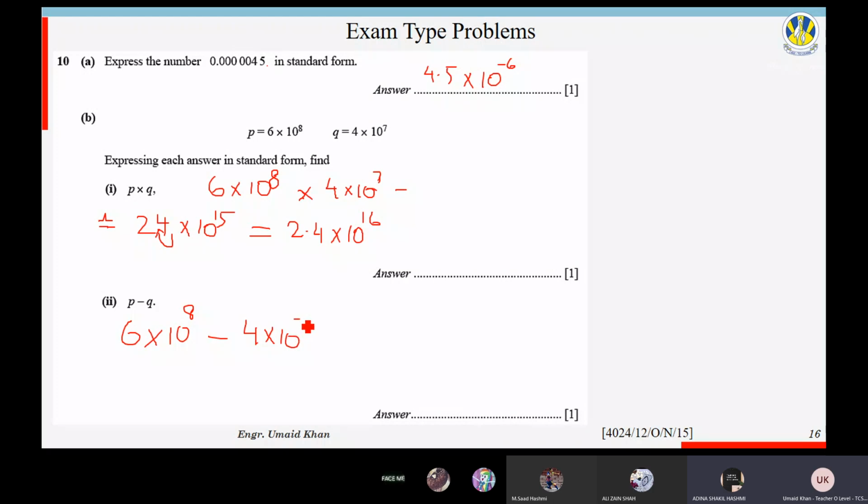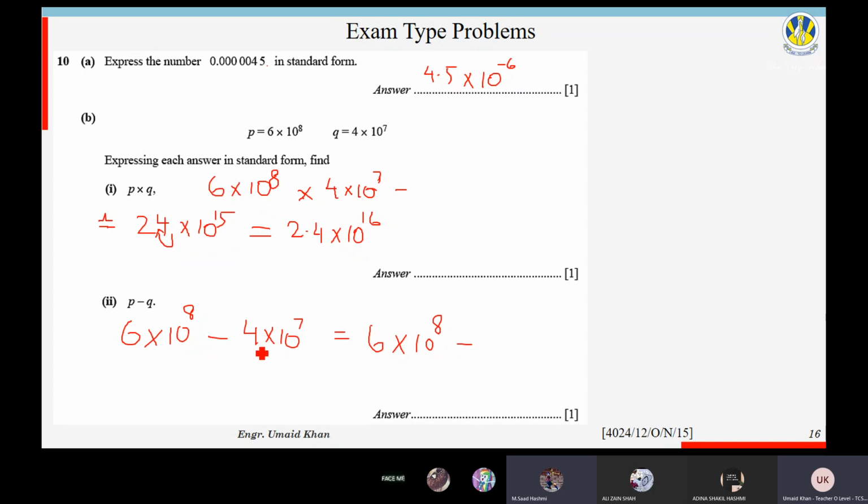Okay, next: 6 into 10 raised to power 8 minus 4 into 10 raised to power 7. And now we will change the power of 10. Now you need to have the same power of 10. So what will you do now? 6 multiplied by 10 raised to power 8 minus 0.4 multiplied by 10 raised to power 8. The common power that you want to take is 10 raised to power 8.